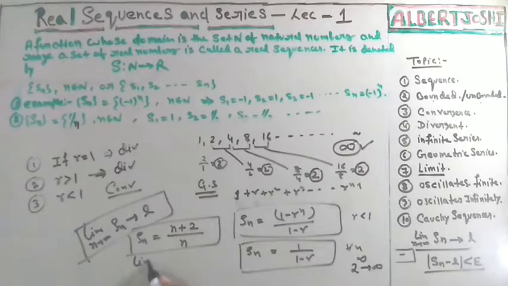If limit n tends to infinite, in this condition Sn is equal to limit n tends to infinite. Put n common, then you are getting 1 plus 2 upon n. This n and n both cancel because n is outside. Then 2 upon infinite is converging to 0, so this value is converging to 1.